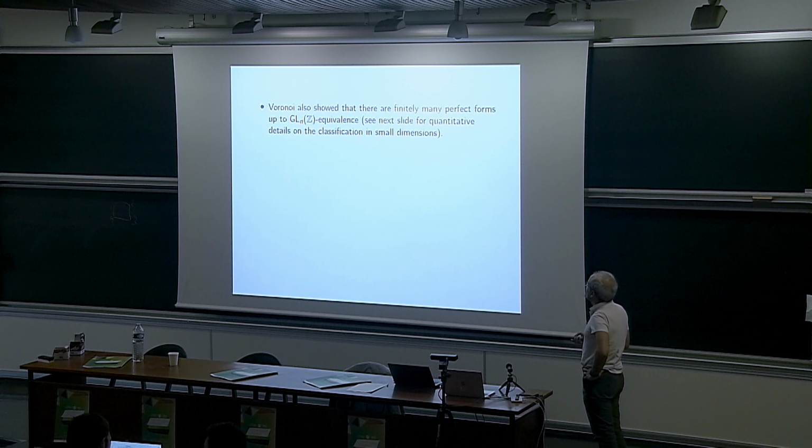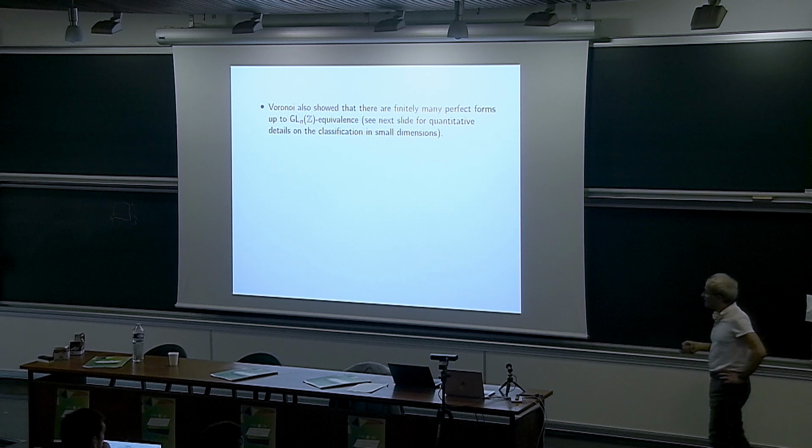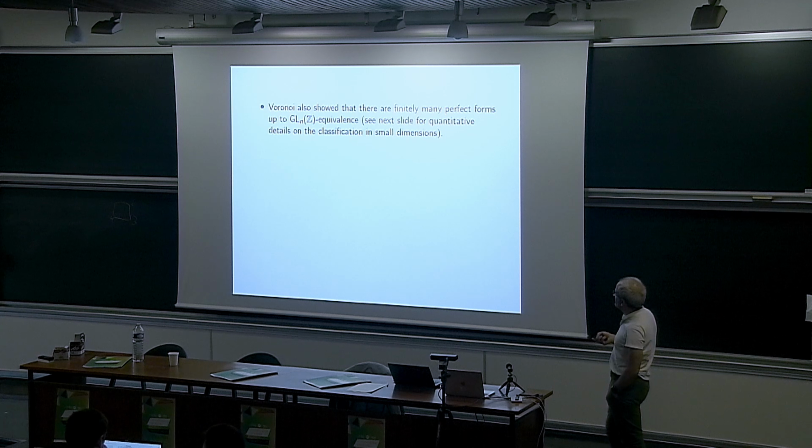So in principle, if you are able to classify this finite set of perfect forms in a given dimension, then you are able to compute the local maxima of density in a given dimension, and ultimately you will find the Hermite constant in the corresponding dimension. You will see in the next slide the technical complications that appear when you try to apply this strategy.